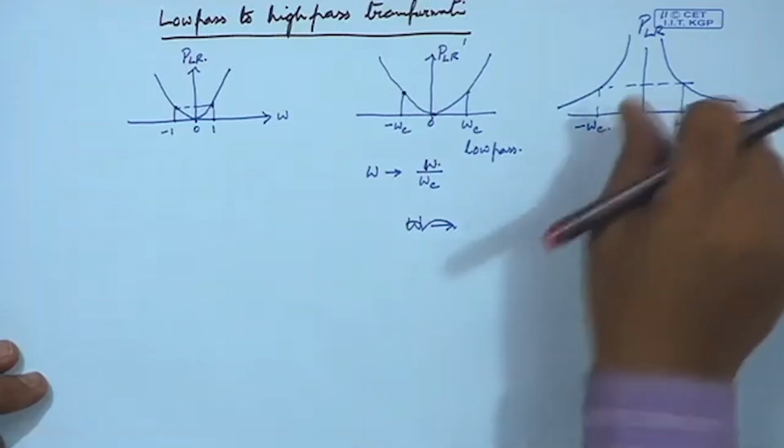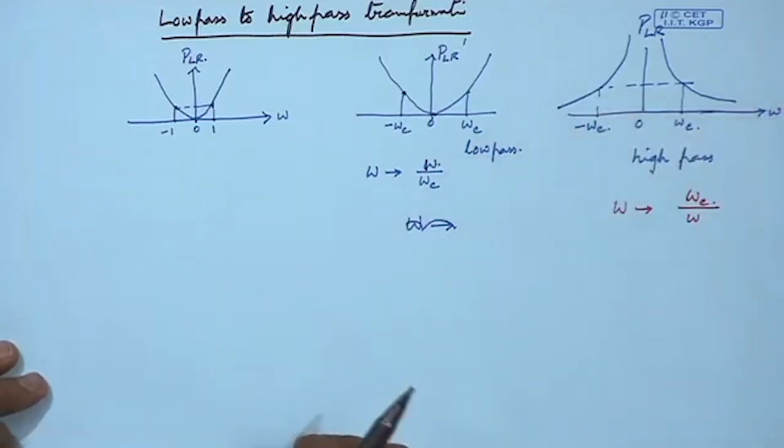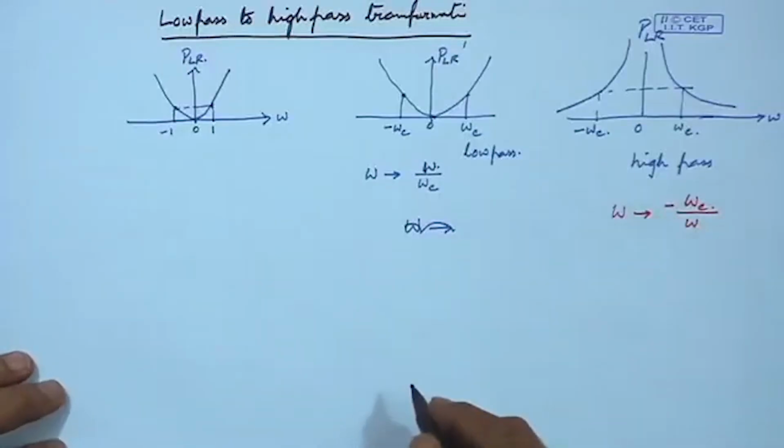But also when I do this, you know that high pass to low pass means the inductor and capacitor will be interchanged. But all the inductance and capacitance values L and C need to be positive. So, to do that I need to add a negative here.